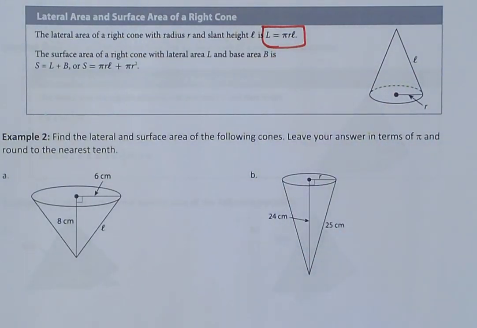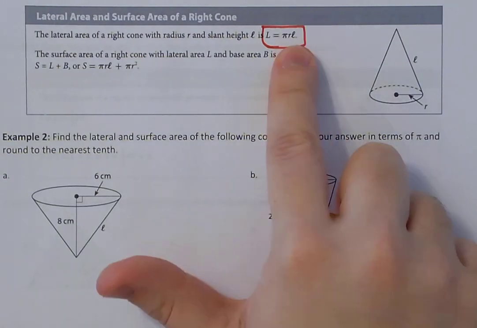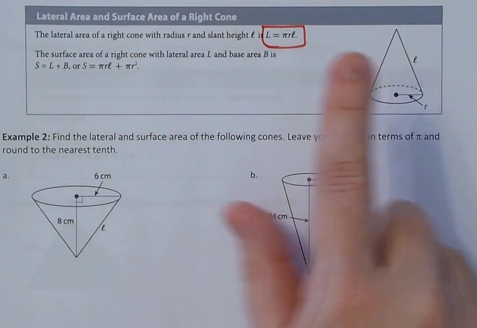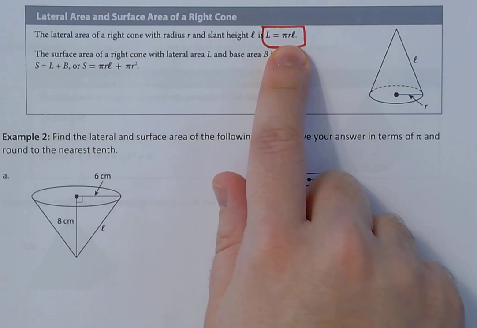This time we need to know the slant height, whereas for volume we just needed to know the height. So we need to know the radius and the slant height of every cone to figure out our lateral area.